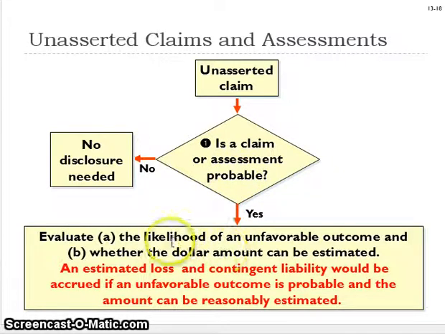Then you have to decide the likelihood of this happening, the likelihood of needing to owe that money. You need to record a contingent liability if you think it's going to be an unfavorable outcome, and it is probable and estimable. If you think either one of those things is not true, the claim is going to be bogus, it's not estimable, it's not probable, then you don't have to do anything.